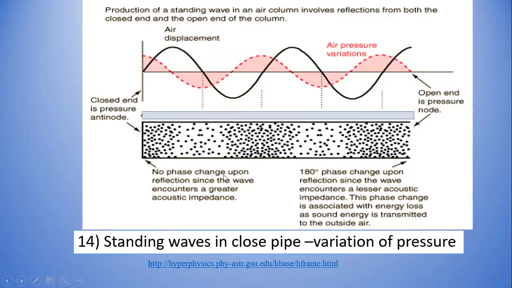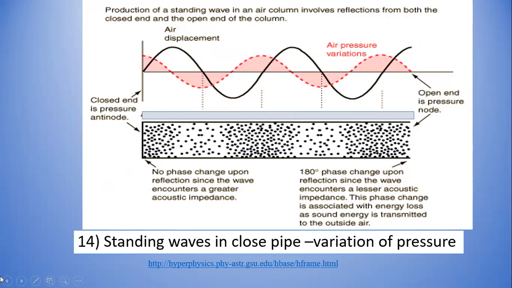Okay. The black one is the displacement of air particles. And then the red one will be the air pressure. Sometimes they will ask you to relate with air pressure. So where the closed end is, it cannot vibrate. So all the particles will accumulate there, will be slightly up.